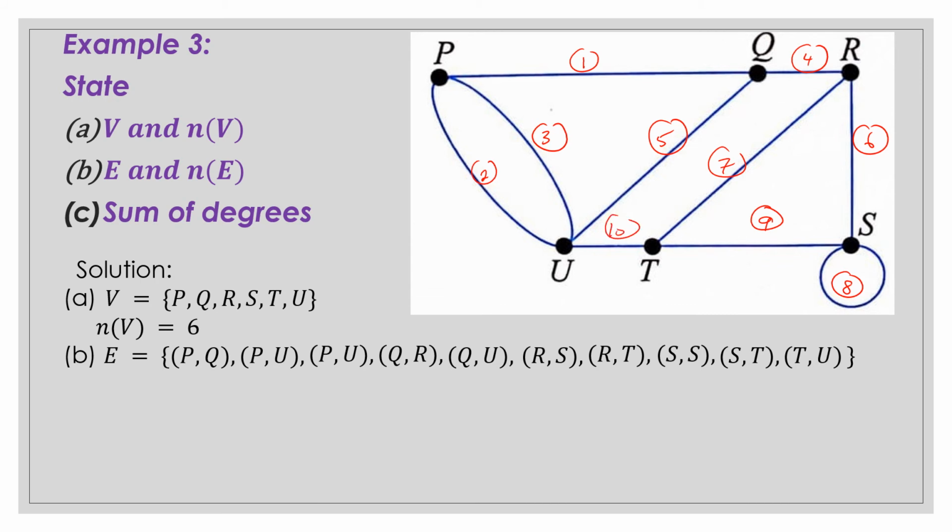You can also start from PU and then PU, and then go for QU and so on, as long as all the edges are written down. So here you have 10 edges. The number of edges is 10.